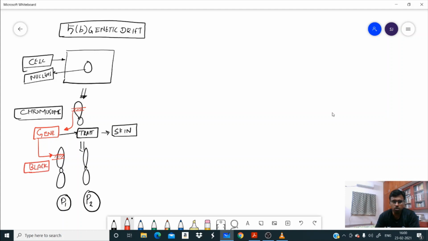There is also another gene at the same place, a different variety, coding for the same trait, skin color, but this variety codes for white.